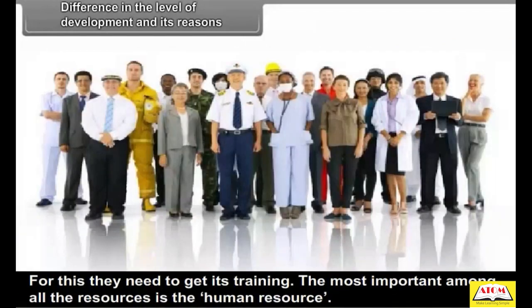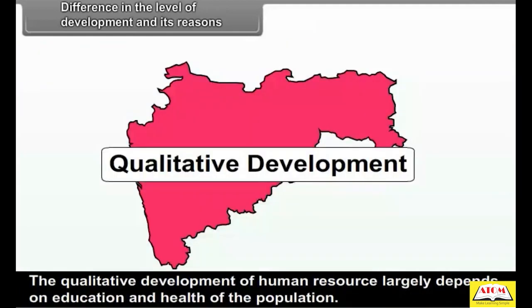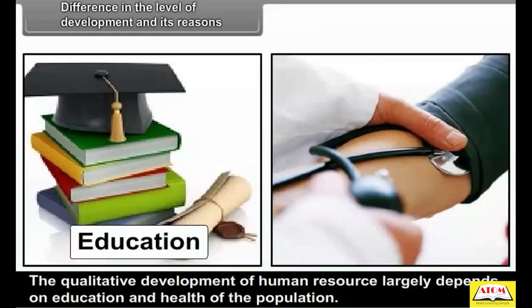The most important among all the resources is the human resource. Hence, for utilization of any resource, it is necessary and essential that the human resource in the region gets developed. The qualitative development of human resource largely depends on education and health of the population.